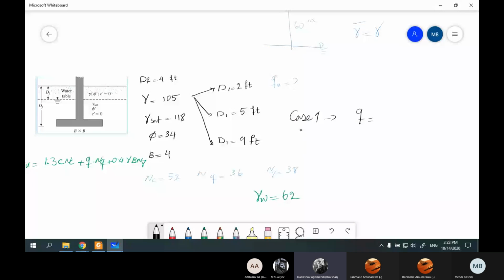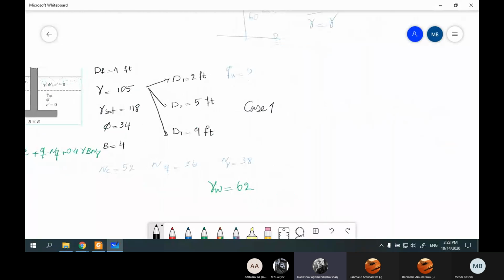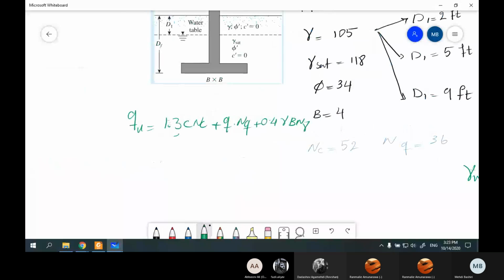Q equals Df minus d multiplied by 2.1 gamma... or let me write it in this way. For the first case, this part and this part are the same in all cases. Okay, this part is the same, this part is the same, this part is the same. But this one and this one are different.